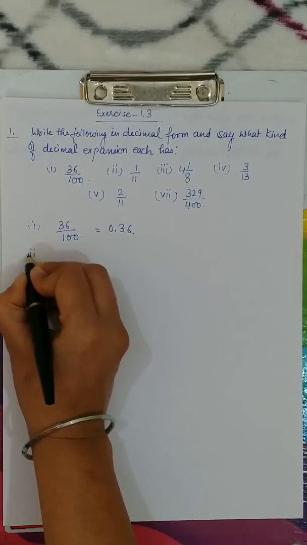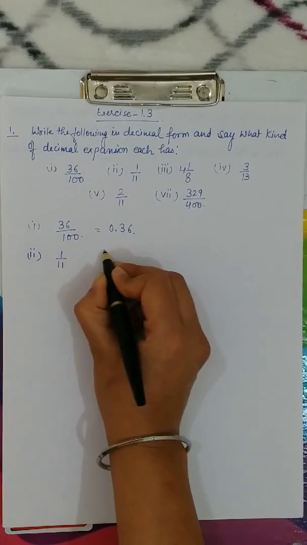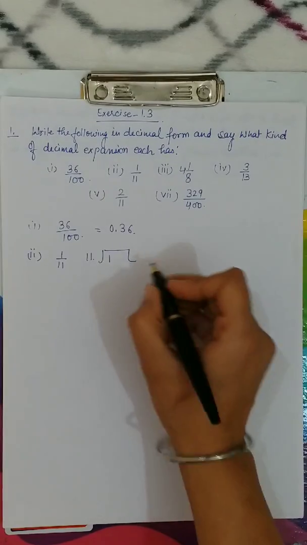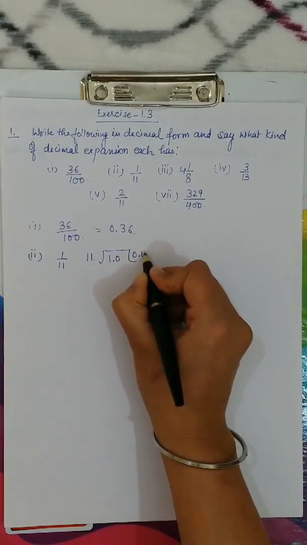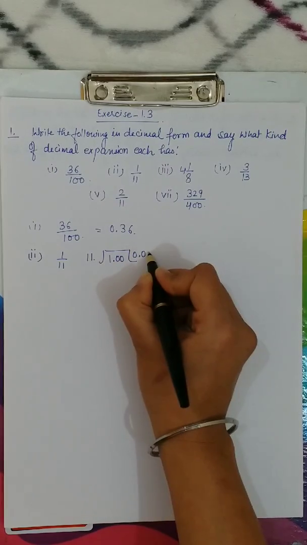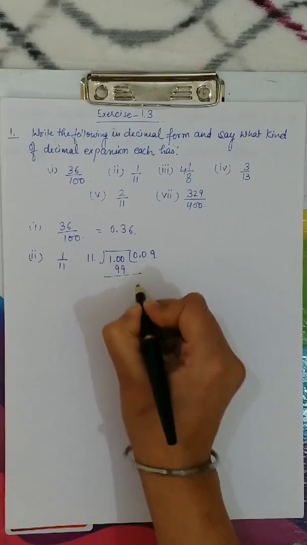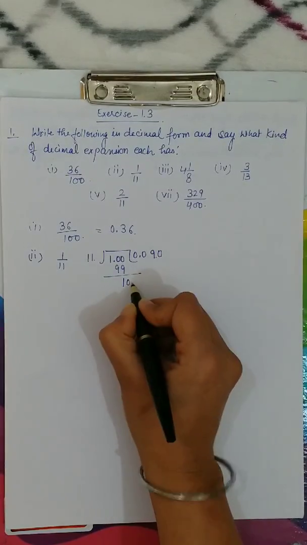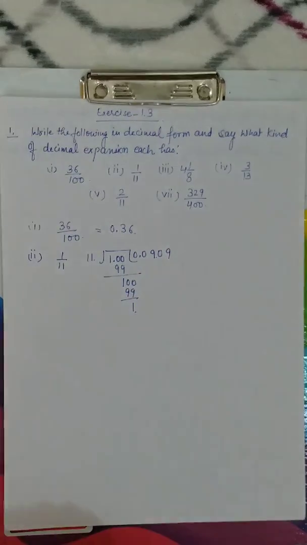Next we have to find the decimal expansion of 1 by 11. Divide 1 by 11. As 1 is a smaller number, put the decimal. 1 0, 1 more 0, 11 nines are 99. We will again get remainder 1, 0 0 0, nines are 99, again remainder 1.